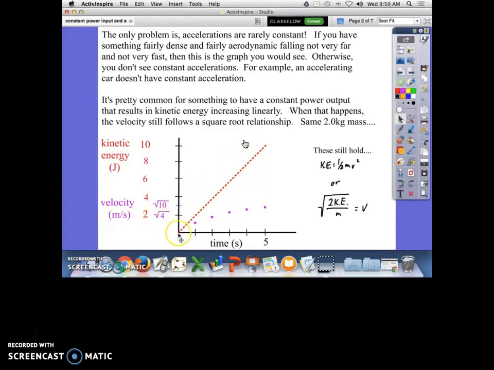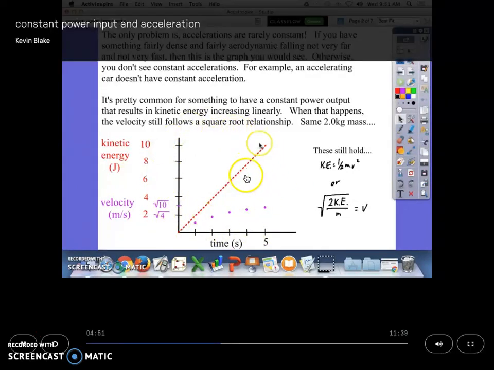The velocity is increasing as square root of 2, square root of 4, square root of 6, square root of 8, square root of 10. This is the much more common scenario that you would see as you're adding energy to something moving linearly.